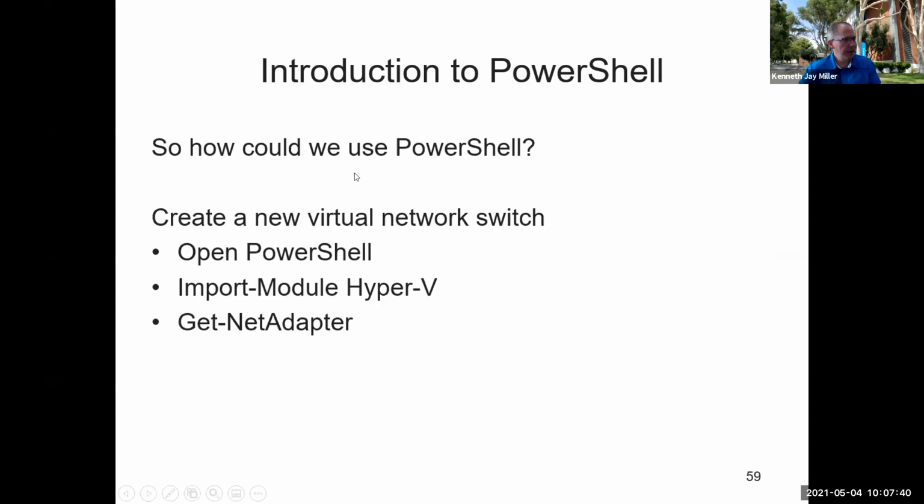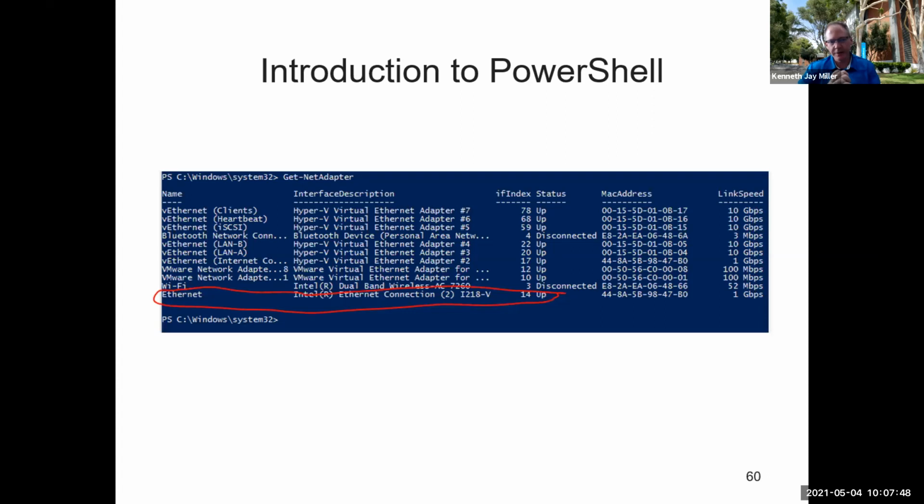Now, we can also create a new virtual network switch. Here, first I need to know the name of my internal network adapter, or my physical adapter, so I can use Get-NetAdapter, and I find the name is Ethernet.